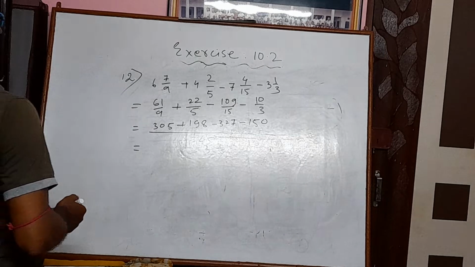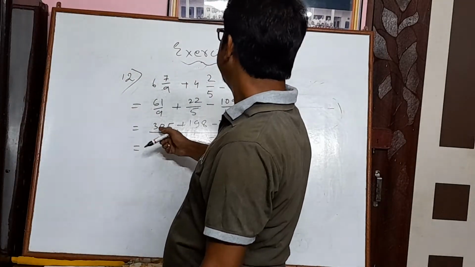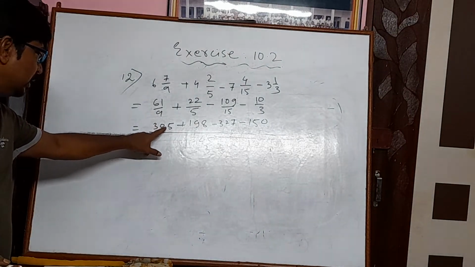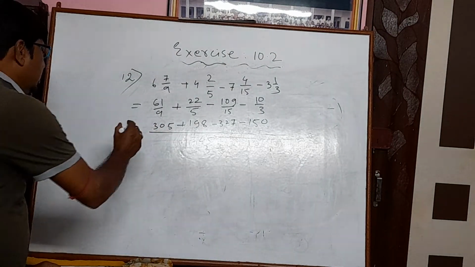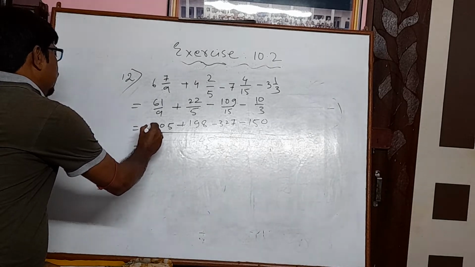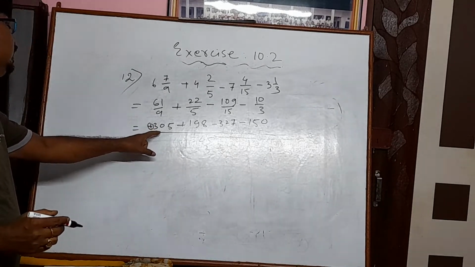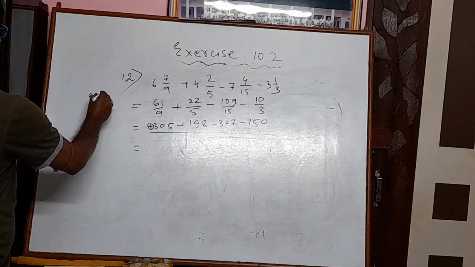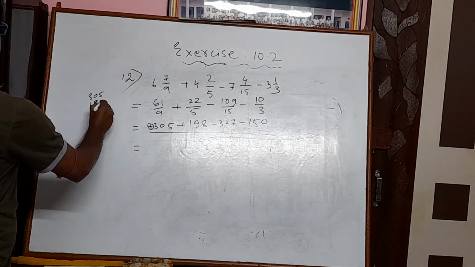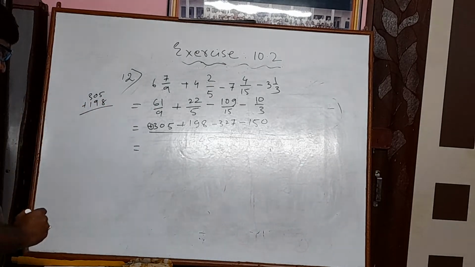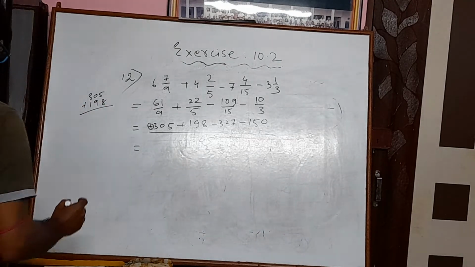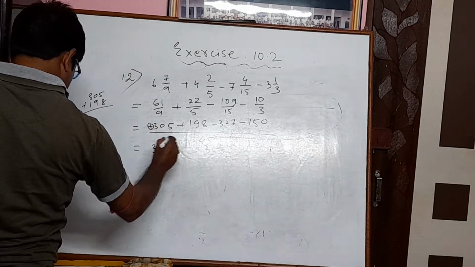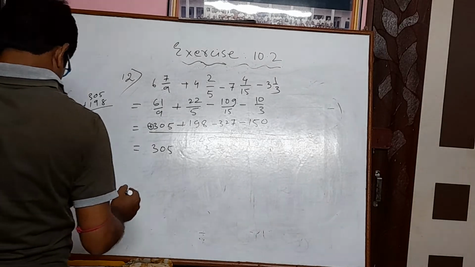Now remember the same sign addition. Before 305, which sign is there? Nothing is there, and nothing means plus. So these two numbers will be added together: 305 plus 198. When these two are added together, the answer will be 503.